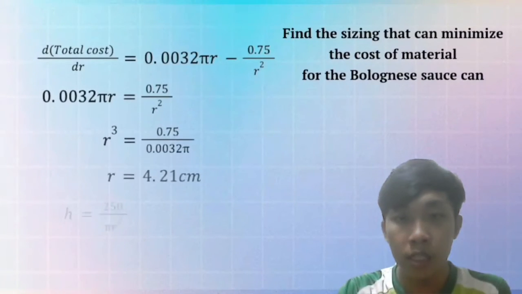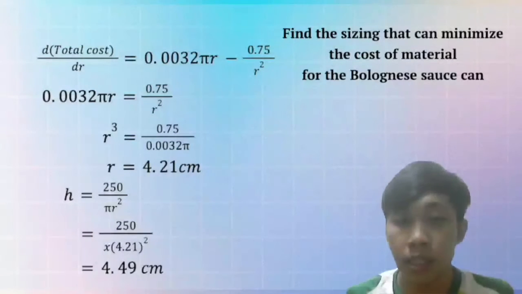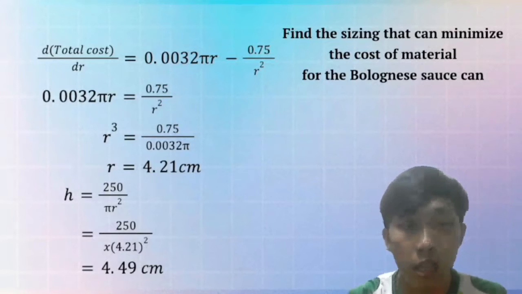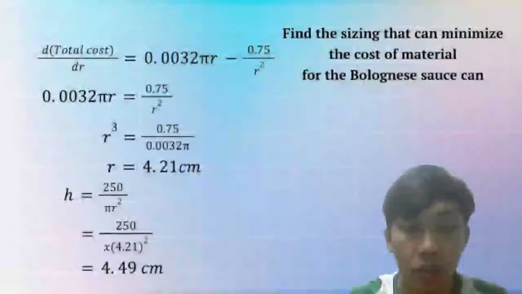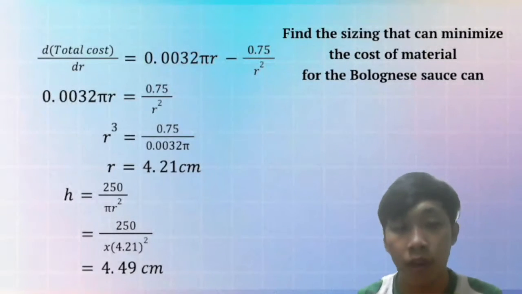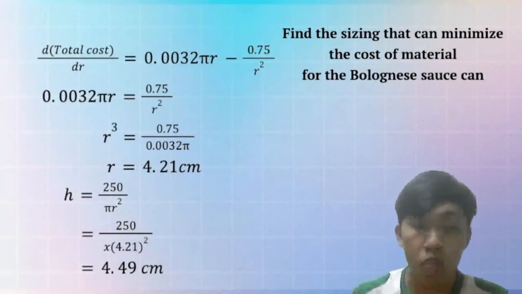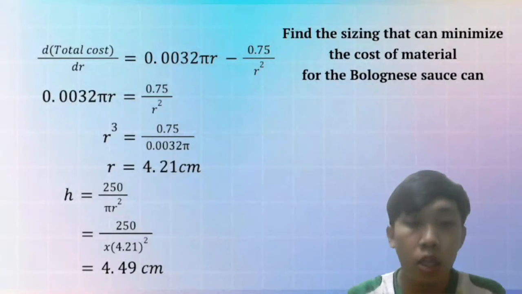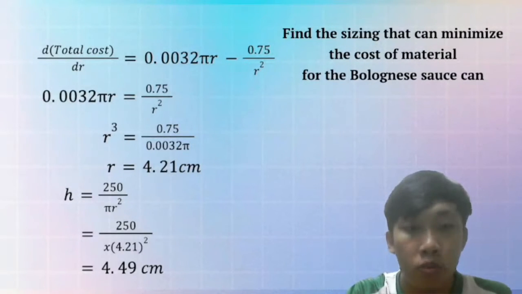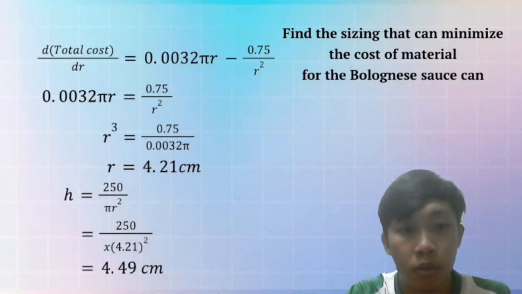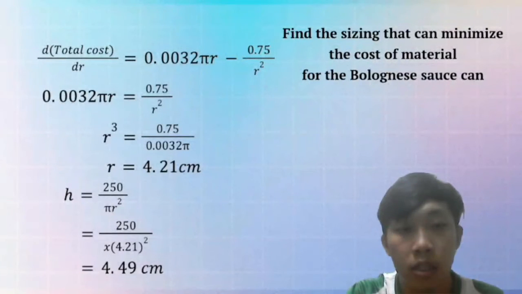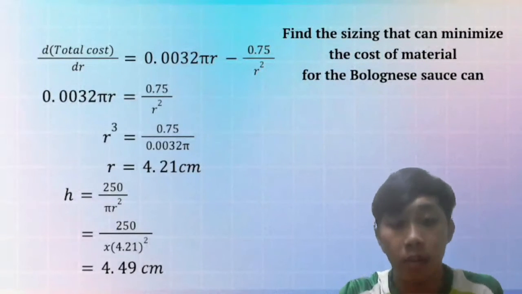Question number 2. Find the sizing that can minimize the cost of material for the Bolognese sauce can. First, we differentiate the total cost from question number 1, which is 0.0016 pi r power 2 plus 0.75 over r. We move the power 2 to multiply with 0.0016 and we get 0.0032 pi r minus 0.75 over r power 2.